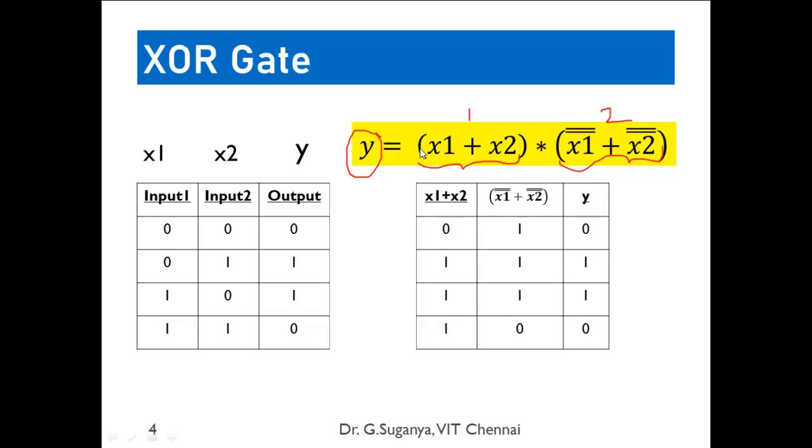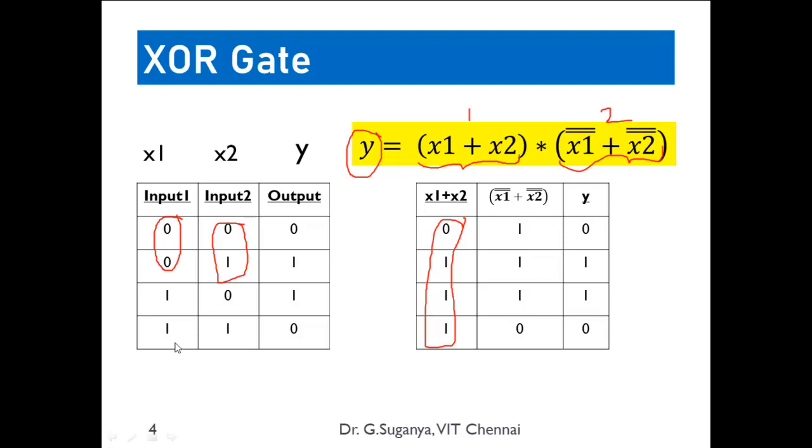We have manually calculated this x1 plus x2. This represents just the OR operation. So for 0, 0, it is 0. In other cases, it is 1. Now this is x1 bar plus x2 bar. The complement of x1 is what we call x1 bar, and the complement of x2 is what we call x2 bar. The complement becomes 1 when neither of the inputs is 1, so we get 1 as the output.